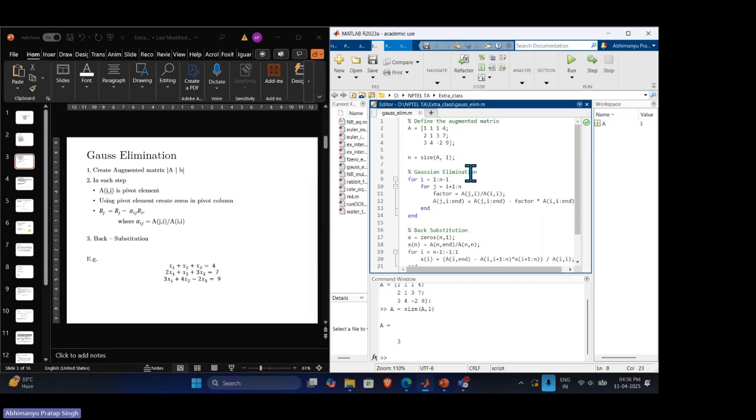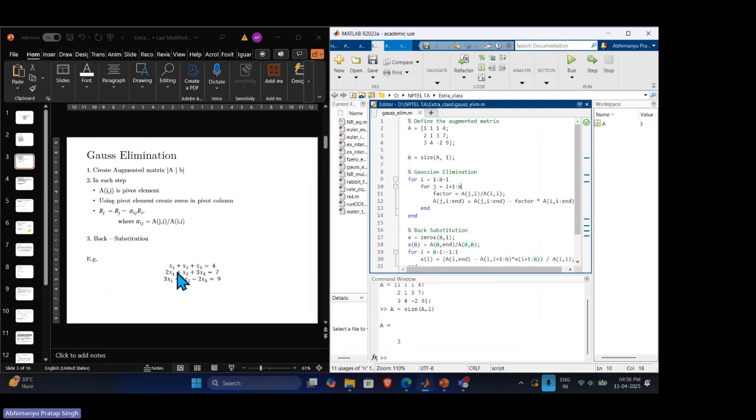Now let us start with Gauss elimination. First we need to calculate the factor. The first loop will go from 1 to, in this case, 2, so 2 times. We need to convert this row and this row. And then there is another loop: if I go to this element, then I need to do the operations on this element and this element.